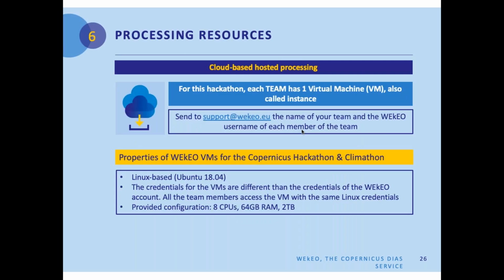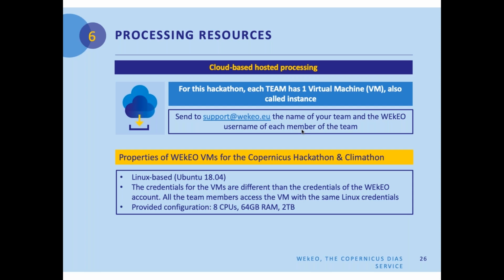The idea is that during this Copernicus Hackathon and Climathon, each team will have a virtual machine, and you will be given some credentials for this virtual machine that are different from the credentials used for the registration. So we please ask you to send us at support@wekeo.eu the name of your team and the username of each member of the team, so that we can create this virtual machine for you and link your accounts to this machine.